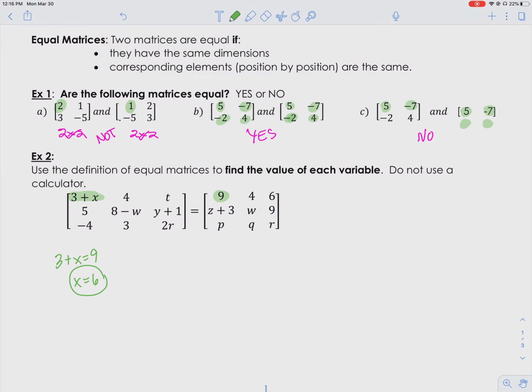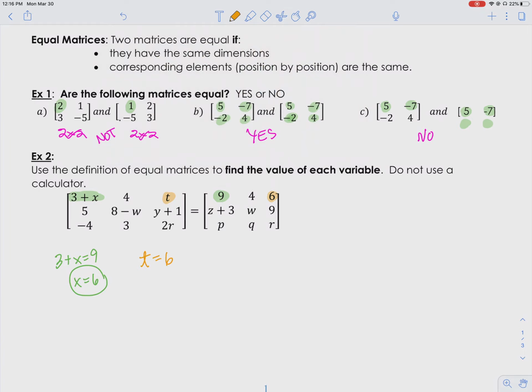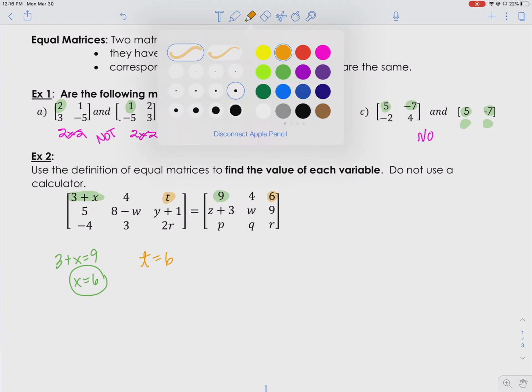Now, if I don't have a letter, then I don't need to do any solving. So I have a 4 and a 4, so I don't need to solve. But here I've got a t, and it is going to be equal to 6. So that was really super easy to do. I didn't have to even solve anything. I just had to write it down. T equals 6.